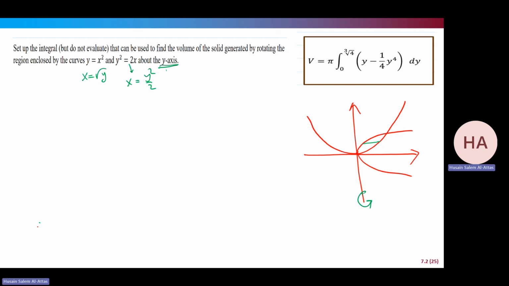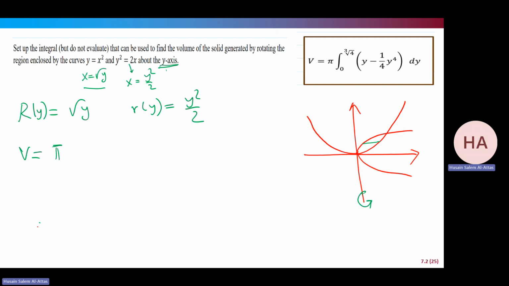The outer radius, which one is to the right, will be square root of y. The inner radius will be y square over 2, since the axis of revolution is the y-axis. So the volume will be pi, from where to where?